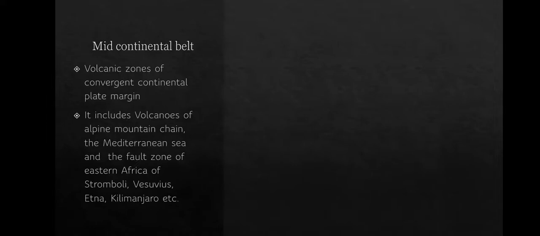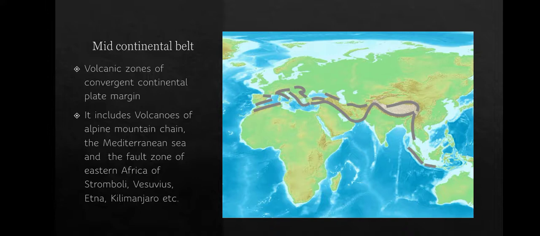Now the mid-continental belt. Volcanic zones of convergent continental plate margins. It includes volcanoes of the alpine mountain chain, the Mediterranean Sea, and the fault zone of eastern Africa: Stromboli, Vesuvius, Etna, Kilimanjaro, etc. Here you can see the region of the mid-continental belt volcanoes. Now the mid-Atlantic belt.